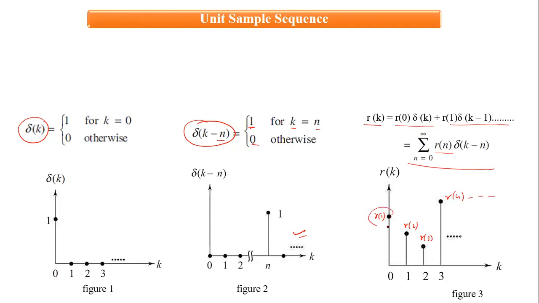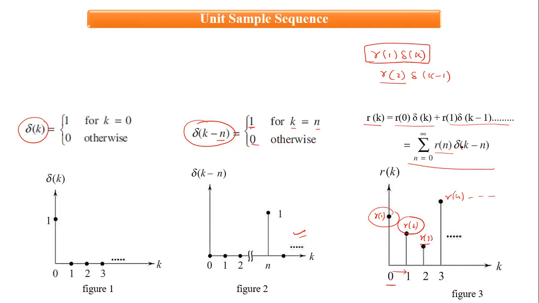Now R1 is R1 delta k, because delta k is available at the zeroth sample, it is not a delayed sample. Similarly, what is R2? R2 is delta k minus 1. When you have delayed the sample sequence by 1, you have the sample whose amplitude is R2, and similarly R3 and R4 and so on.